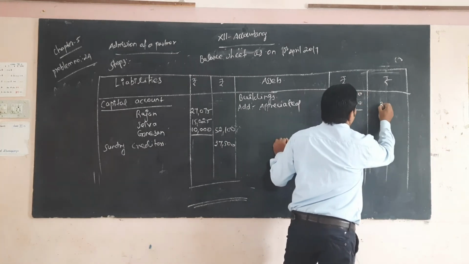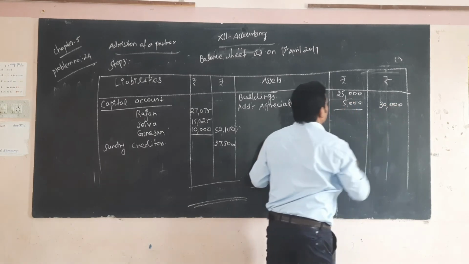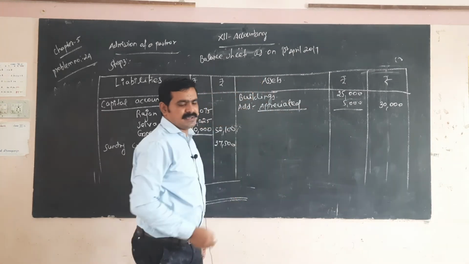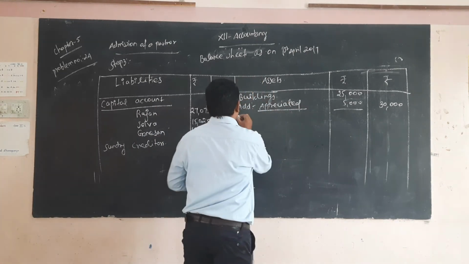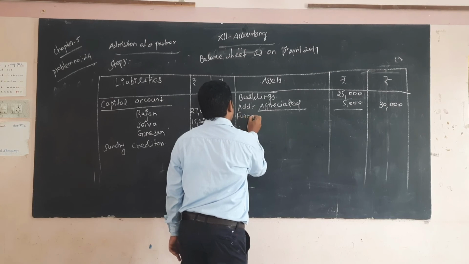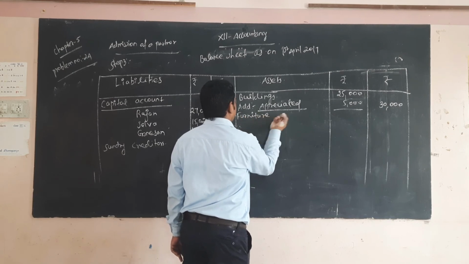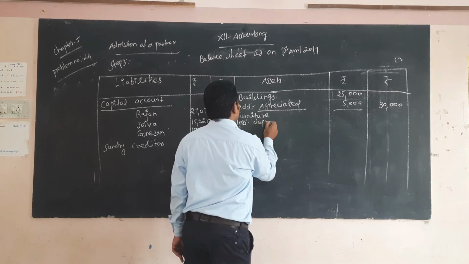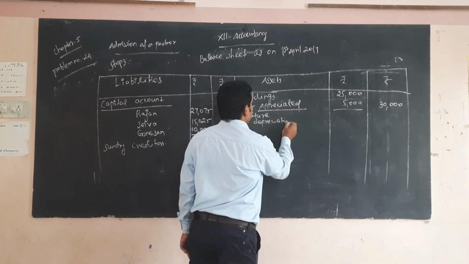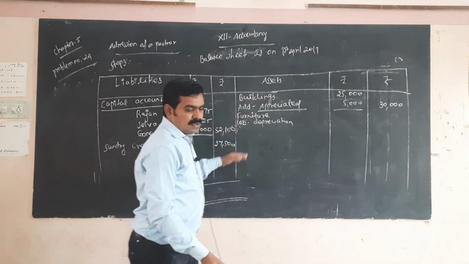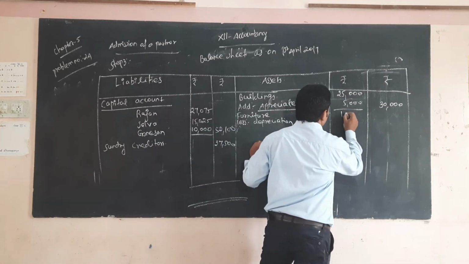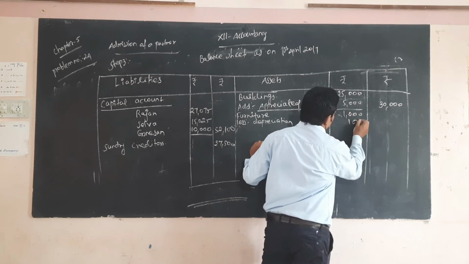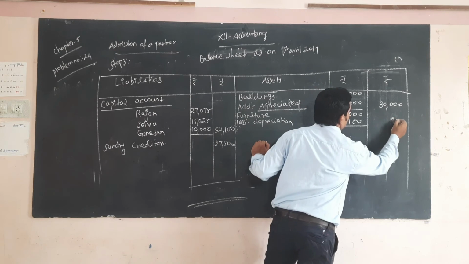Totally 30,000. You have to add, because this is appreciation, a very important thing. Next one, furniture less depreciation, reduce the value. What is the total amount? So 1,000 here, less 100, so 900.